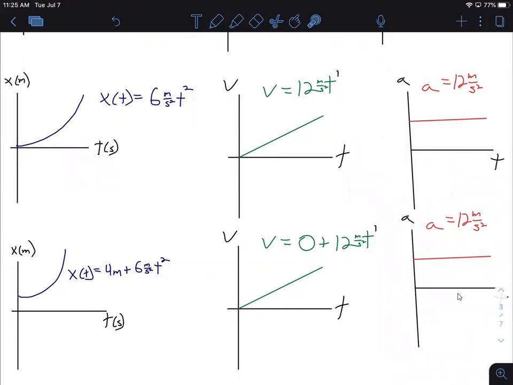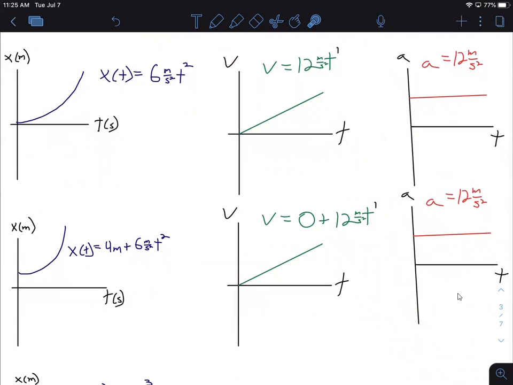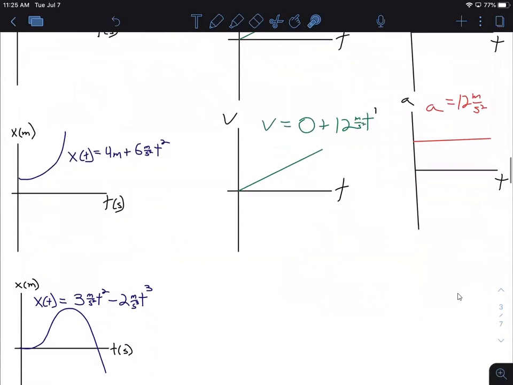So this is a really important thing. Two velocity graphs can have different position graphs. The velocity graph does not give me information on position. It only gives me information on displacement. If I were to look anywhere, from here to here, it would be the same displacement.